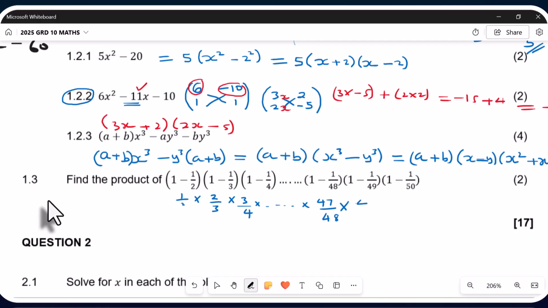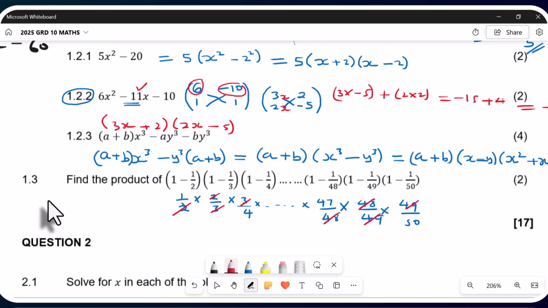Let me finish up. You see this 4, it's going to come with whatever is going to come here. Then 47 is going to come with what is just before it, down here. Up here it's going to be 46 over 47 just before this. Even here it's going to be 4 over 5.